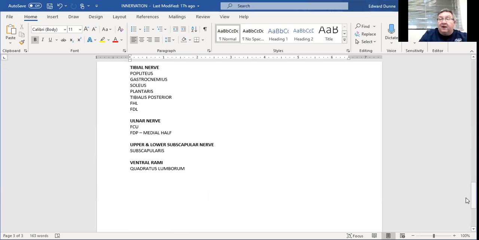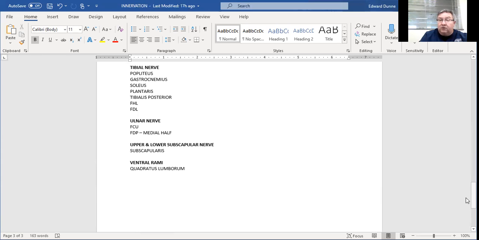Now, remember I said that the suprascapular nerve innervates the supraspinatus and infraspinatus. Well, the muscle on the anterior side, the subscapularis, is also innervated by the upper and lower subscapular nerve.